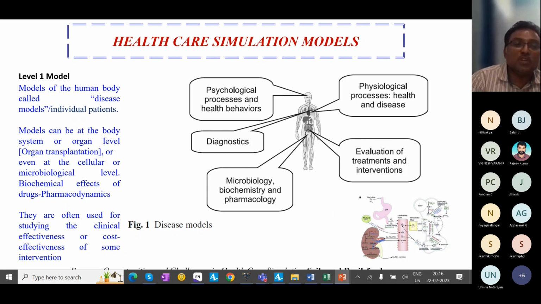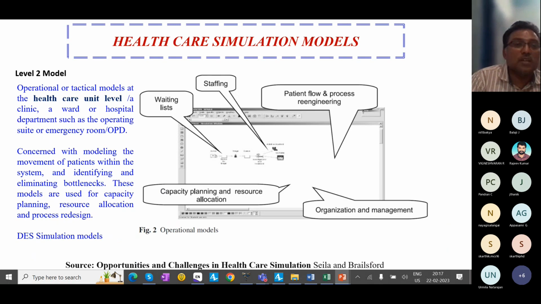And this workshop is not much connected with this area, level 1 of models. Here the purpose is to study the effectiveness of some drugs, what is the effectiveness over a period of time, how the recovery is. So if you want to study that, you can go for this kind of simulation.